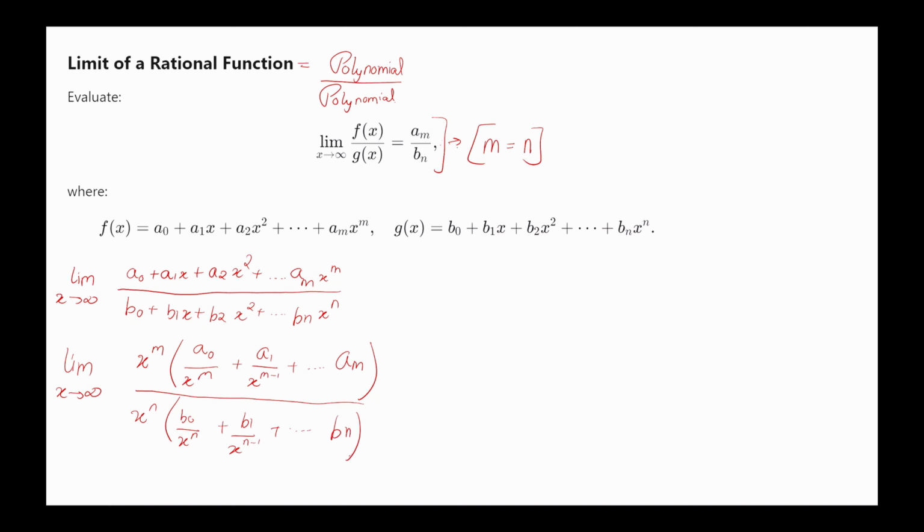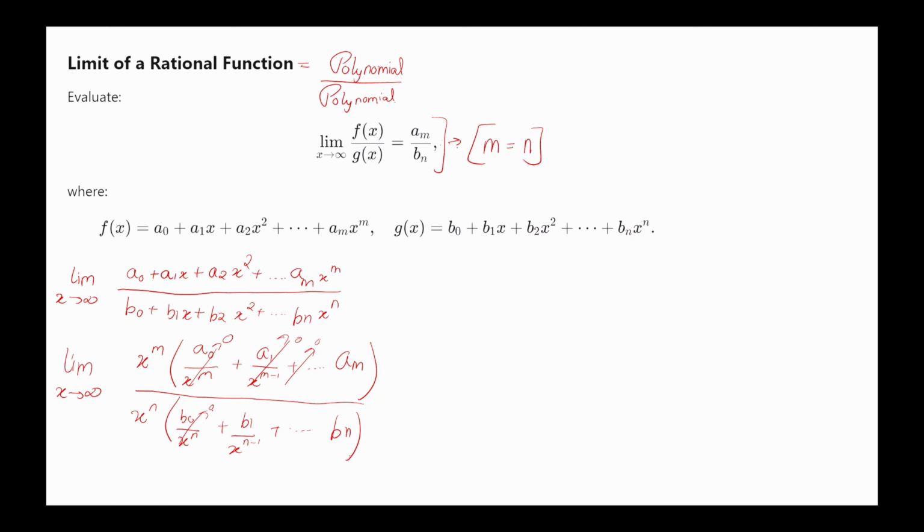Now if you look at these two expressions, since x is tending to infinity, if I have x in my denominator, that entire term would simply become 0, because I would have something divided by infinity, which becomes 0. So all these terms with x would simply transform into 0, except for this constant term.